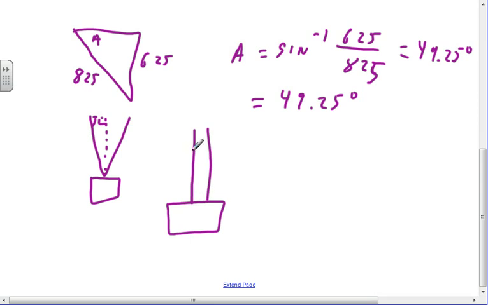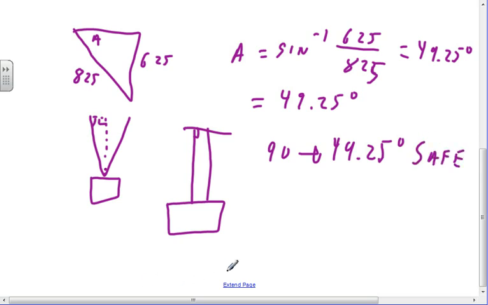Yes. Okay. So we want this angle to be smaller, not bigger, because right now that angle's at 90 degrees, and that's safe. So any angle between 90 degrees and 49.25 degrees is going to be a safe angle.